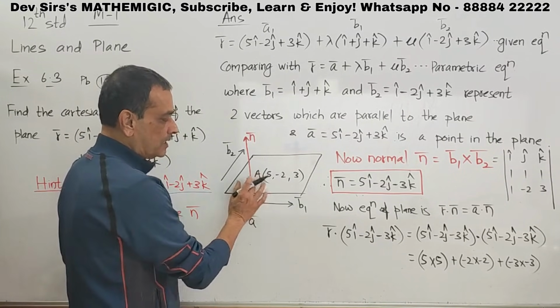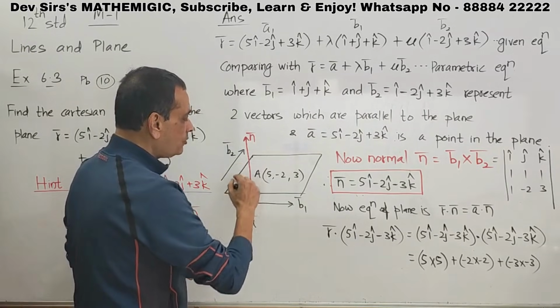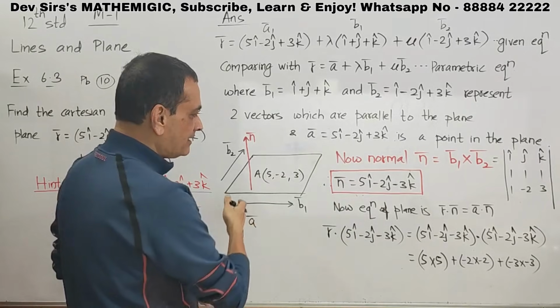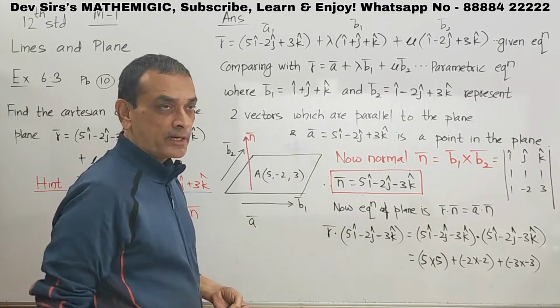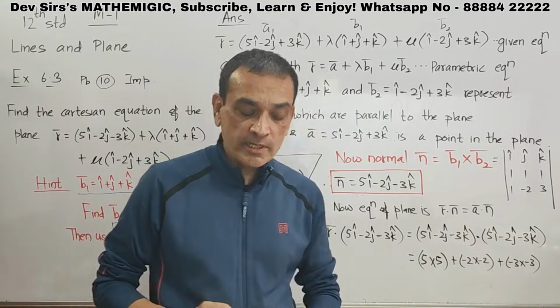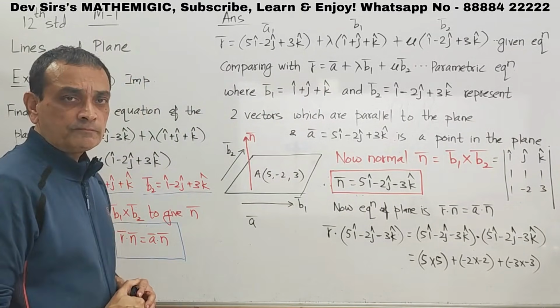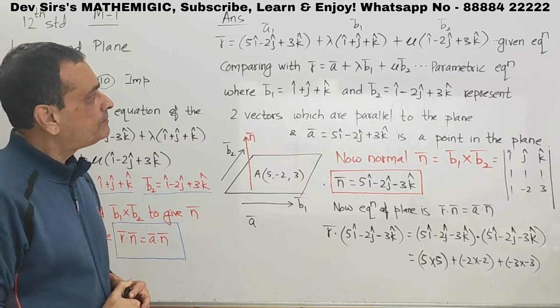Both are same. B1 bar and B2 bar are two parallel vectors. अगर plane ऐसा है तो दो vectors parallel है उसको. So how do we find the Cartesian equation now? Everything clear? Parametric form followed.